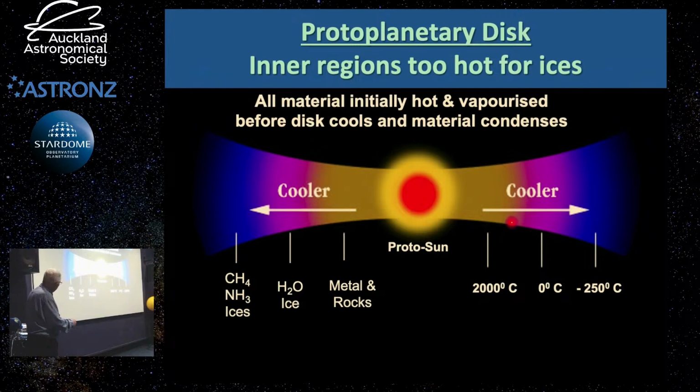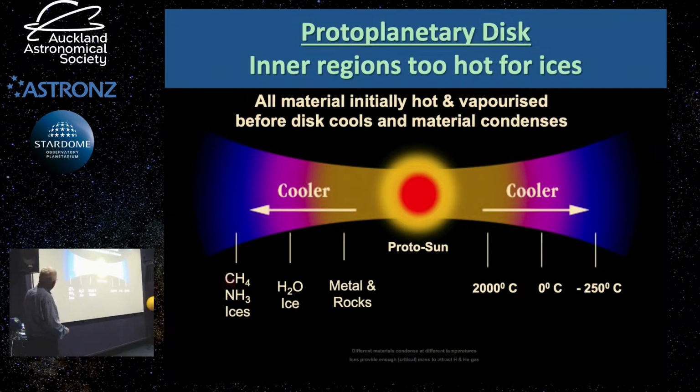As you go out, you get cooler and cooler, and suddenly you get to a certain position in the disk where it's about 0 degrees Celsius. So your water ice can start condensing out. They call it the ice line, because suddenly your ices can start condensing out. And out here is your water ice. And then a little bit further out, your methane and your ammonia ices can start condensing out as well.